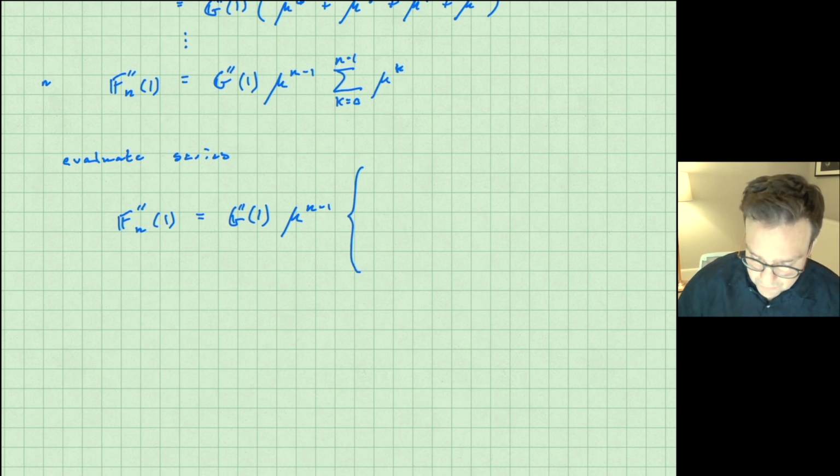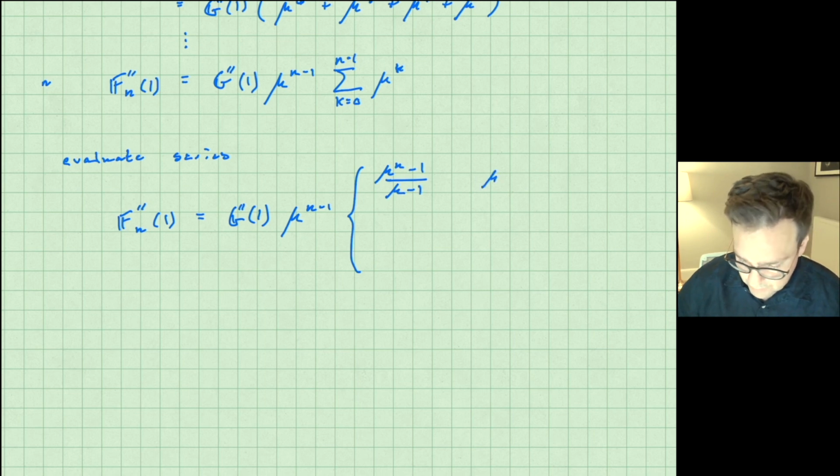If mu is not 1, the sum is straightforward: mu to the n minus 1 over mu minus 1. That's when mu is not equal to 1. But if mu is 1, that is a little bit problematic, and the sum is just n.